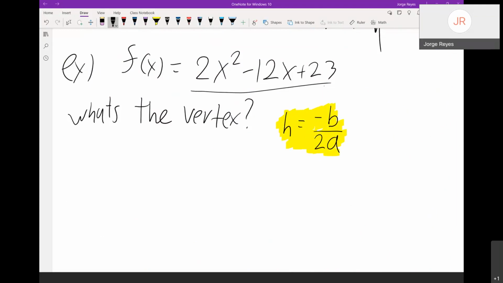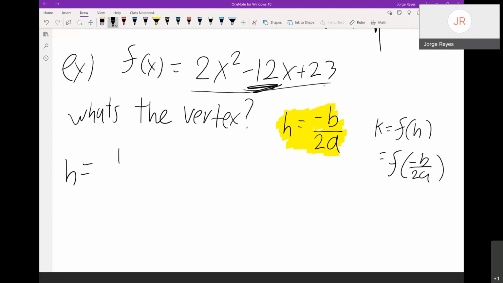And then k is just plug in h, so it's going to be f of negative b over 2a. Let's figure that out. h equals negative b, so that's going to be 12, over 2a, so 2 times 2. 12 over 4, so that's going to get you 3.